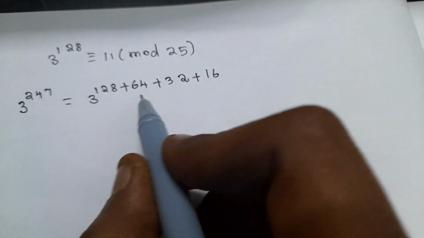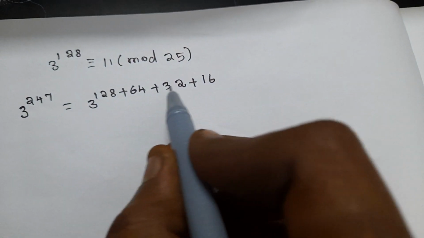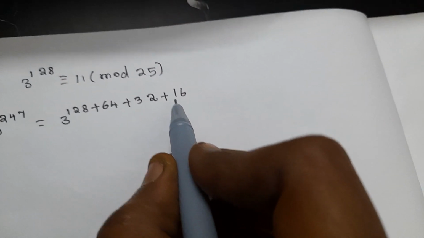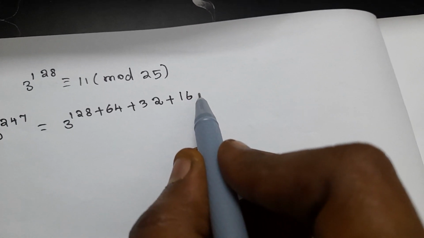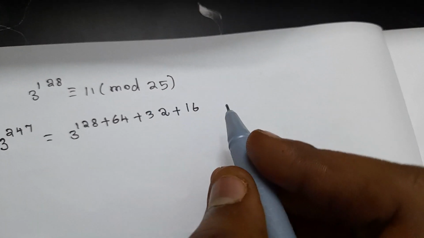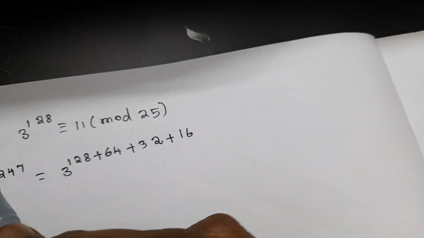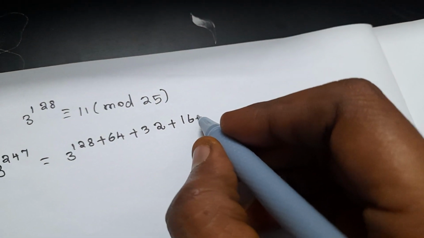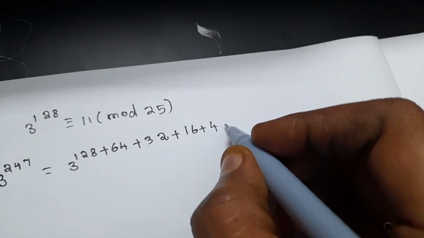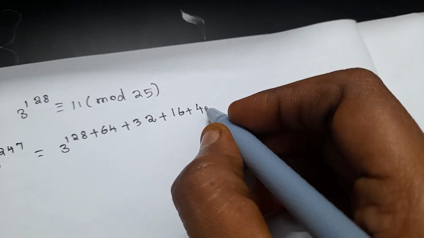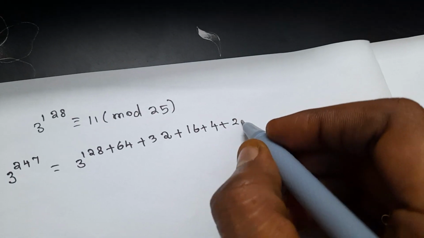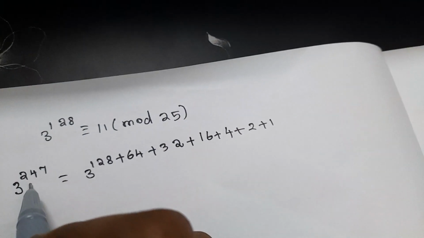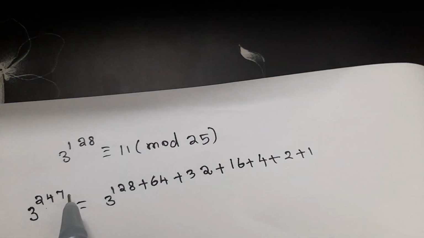Adding this gives 240. Adding 8 would be more than 247, so we add 4 plus 2 plus 1, because we need only 3 power 247.